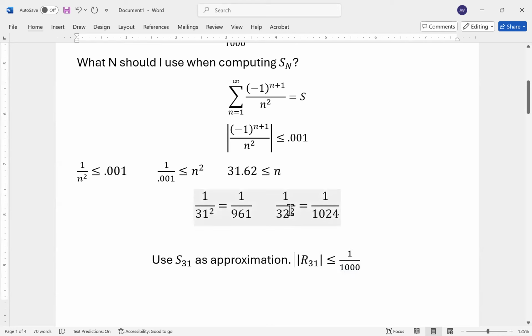So the 32nd term is the first neglected term, if that makes sense.